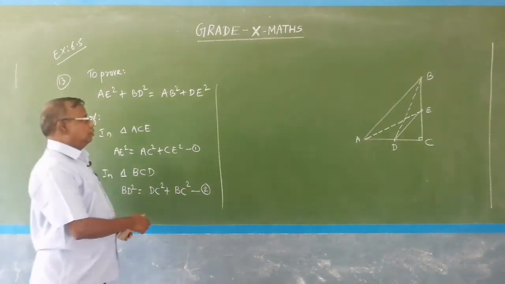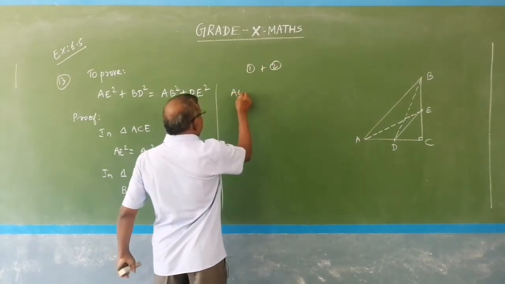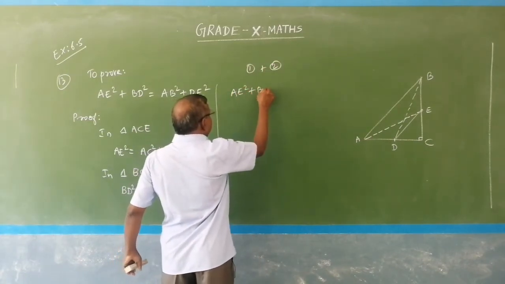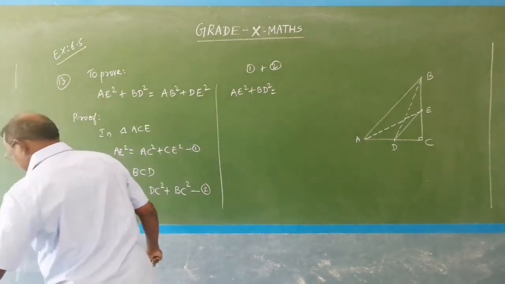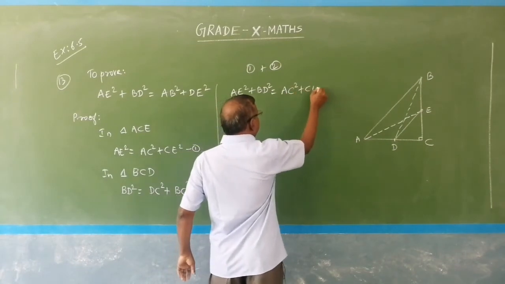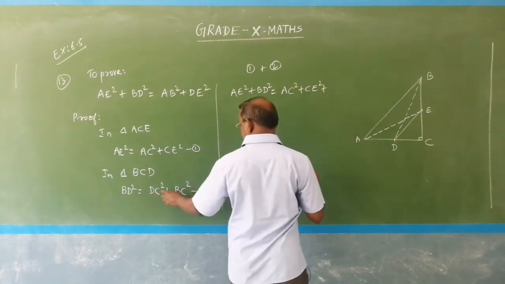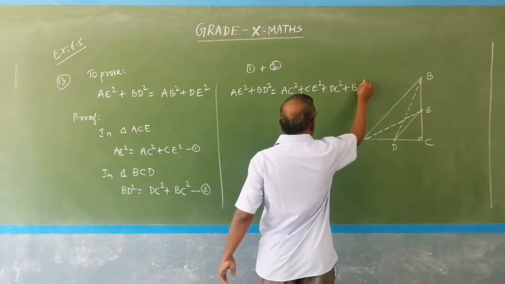In the LHS they asked AE square plus BD square. Therefore, adding 1 and 2: AE square plus BD square equal to AC square plus CE square plus DC square plus BC square.